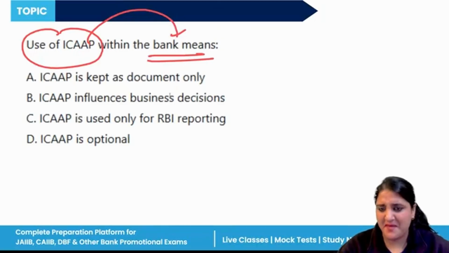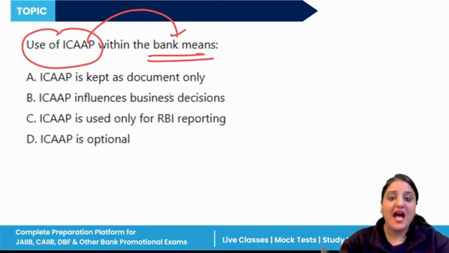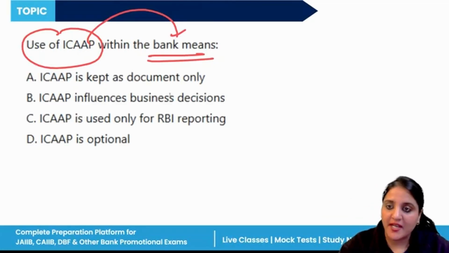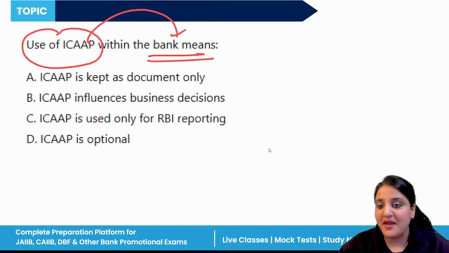That means ICAAP is embedded in management. ICAAP must be integrated into capital modeling, scenario analysis, business decisions, and also the risk appetite framework. So, capital management should be part of daily operations. ICAAP must be embedded in capital management and decision making culture.